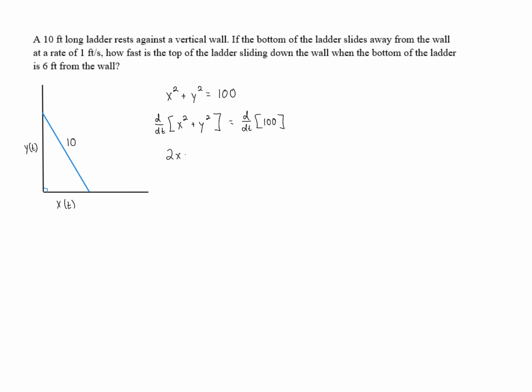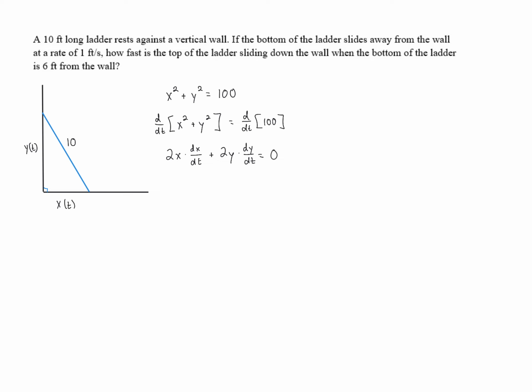So we have to use the chain rule and multiply this by dx over dt. And then similarly, when we differentiate y squared, we get 2y, but times dy over dt, because that's also a function of time. And on the right-hand side, the derivative of a constant is just 0.